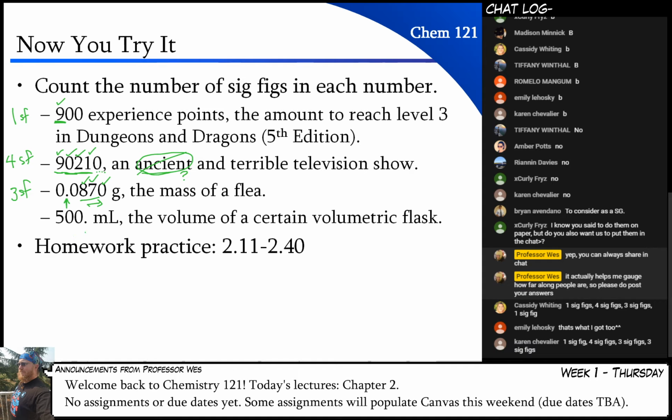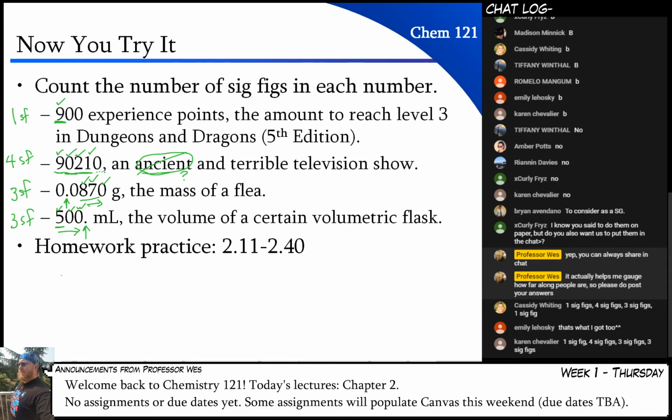Now the last one, you'll notice that I wrote 500 and I put the decimal at the end here. There's a specific reason that I did that, and the reason is because this forces you to use the decimal rule, which means that if I have this 5 here, everything to the right of it is also significant, and therefore gets counted. Now you might ask yourself, well, that's rude. Why would I ever care about doing that?